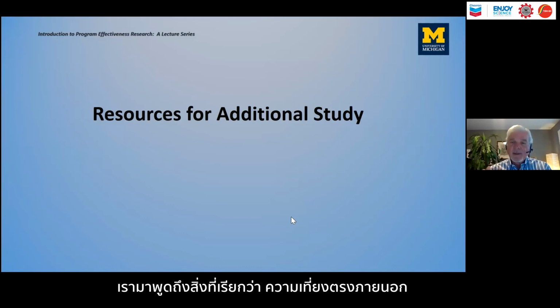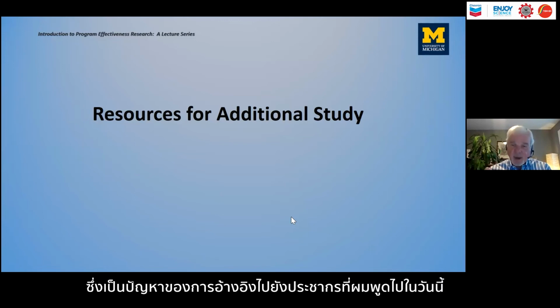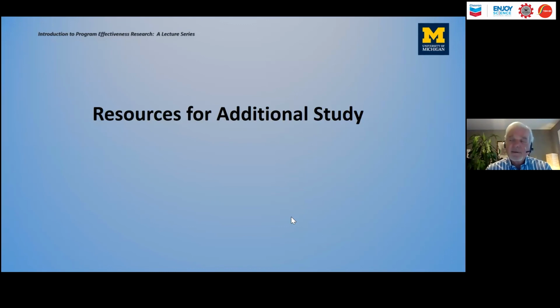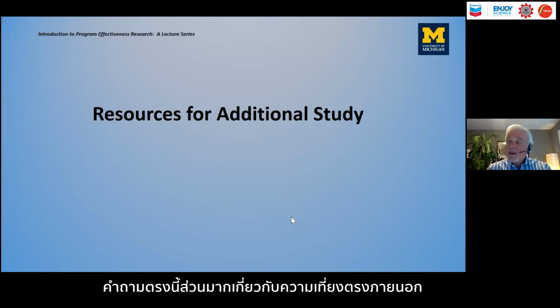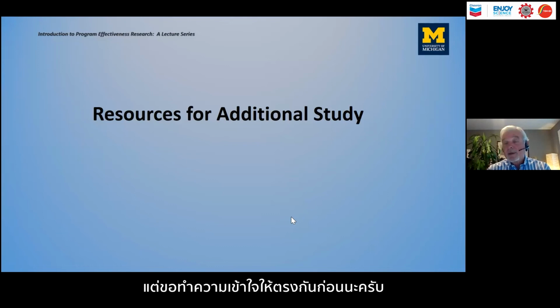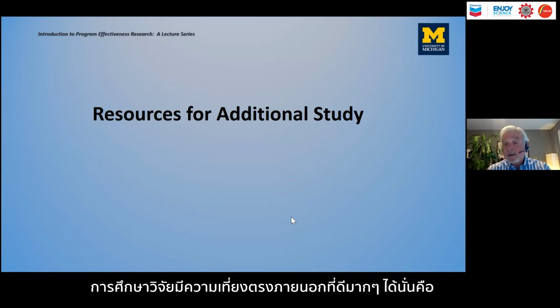Let's go to what is called external validity, which is the problem of generalization that I was discussing today. The question here is mainly one of external validity, but let's be clear. A study could have very good external validity.